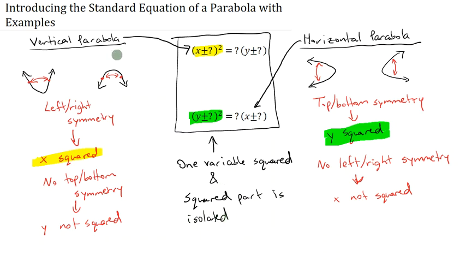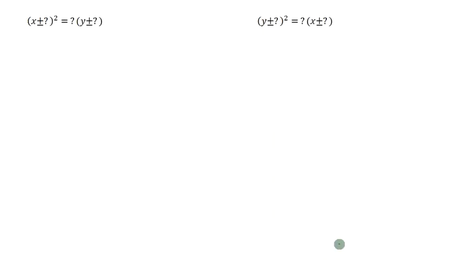Now, let's look at these equations one more time and understand what the unknown numbers represent. In both cases, the two unknown numbers in the parentheses with x and y, since they're next to x and y, give you an ordered pair. In fact, that ordered pair is the vertex.